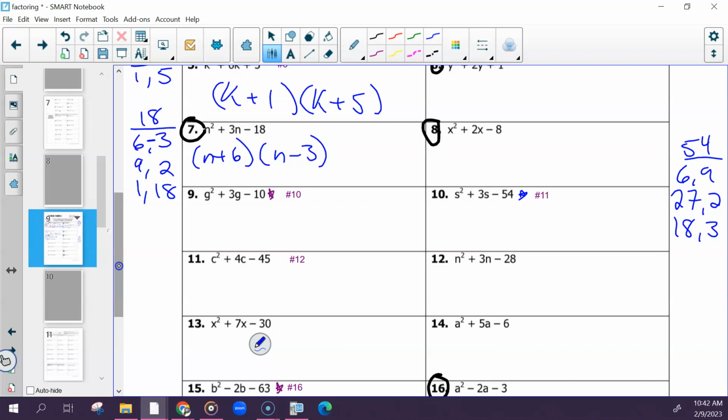Does 4 work? No. Okay. And then does 7 or 8 work? No. So since these are close, since 7 or 8 don't work, that would be it.